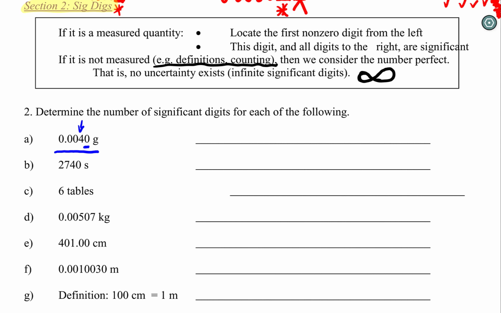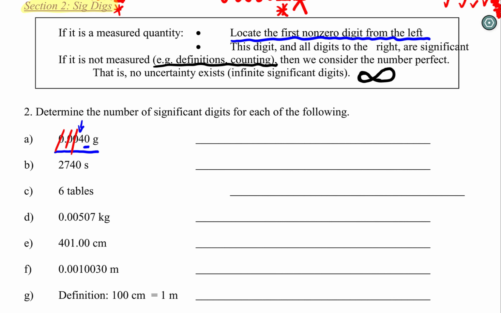So the number of significant digits in a value is determined by first locating the non-zero digit from the left. So for instance, starting on the left, this is 0, I cross it out, that doesn't count. 0, that doesn't count. 0, that doesn't count.